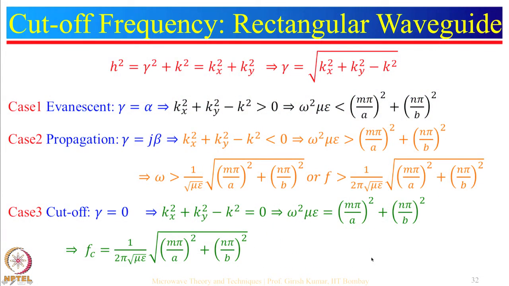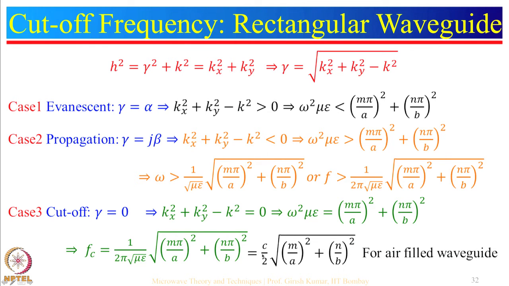And if the waveguide is filled with air, then the cutoff frequency is given by c by 2 under root m by a whole square plus n by b whole square. So this is how we calculate the cutoff frequency for different modes.